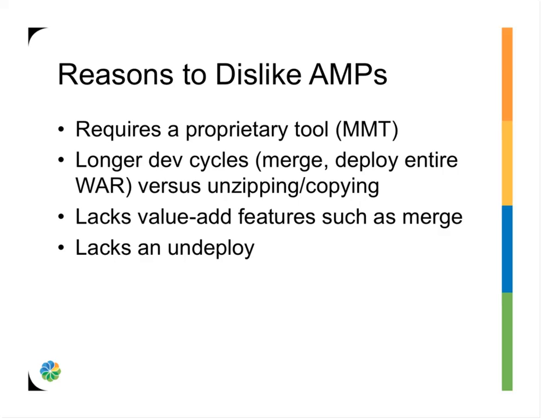But just the fact that it takes some code that isn't necessarily standard to work with AMPs is sort of a dislike for me. I've also found that in development cycles, your development cycle is elongated if you're using AMPs all the time, because it takes a long time to copy the war, merge the war, and then deploy the war to Tomcat.